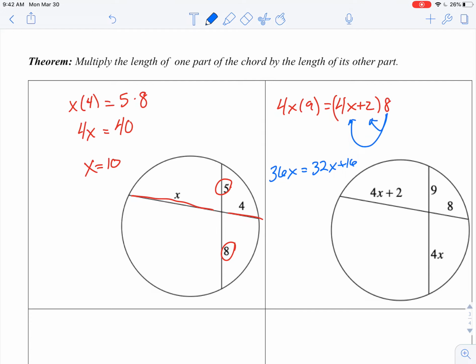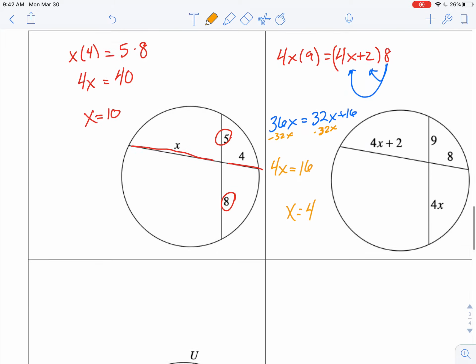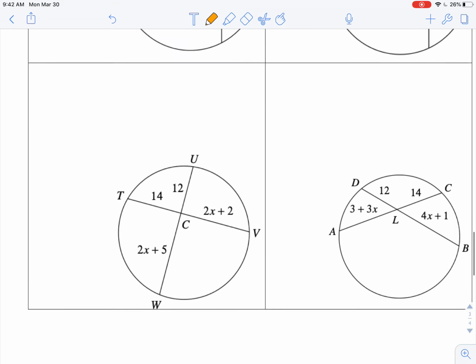So 36x equals 32x plus 16. And if we subtract 32x, 4x is 16 and x is 4.